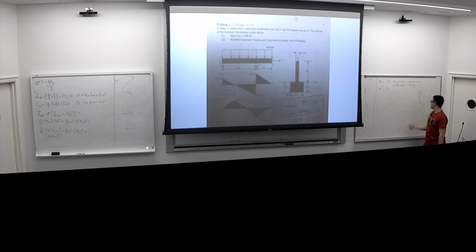When the moment is negative, you have the opposite of this. So instead, you get the top under tension and the bottom under compression. So when the moment is negative, the top is under tension, the bottom is under compression.